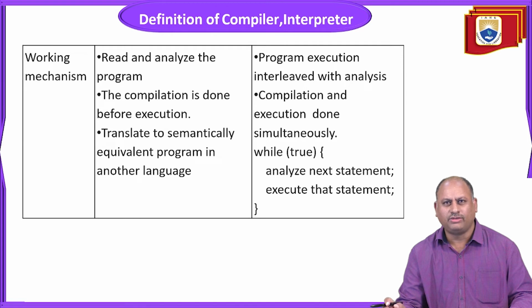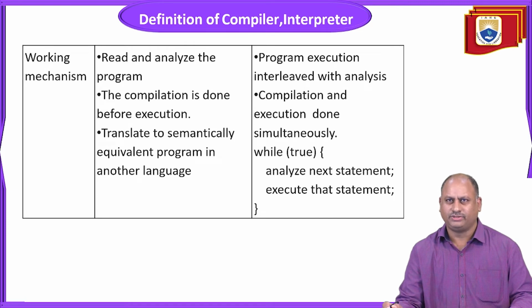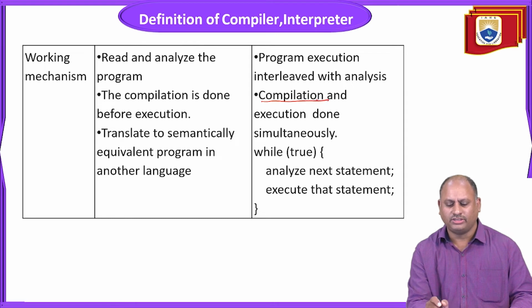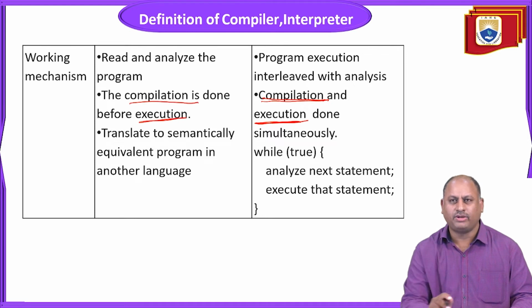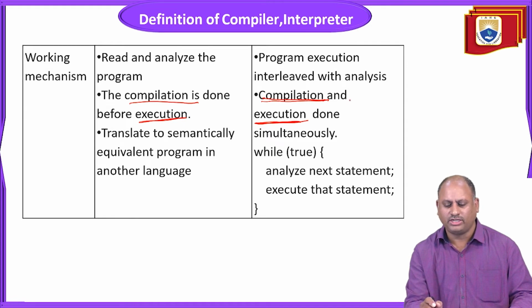Once the errors are resolved, the execution takes place, and the corresponding object code is generated. Whereas in the case of an interpreter, compilation and execution can be done simultaneously. The important point is that in a compiler, compilation is done in one phase and execution as a separate part, but here there is no separate part; it is done simultaneously.